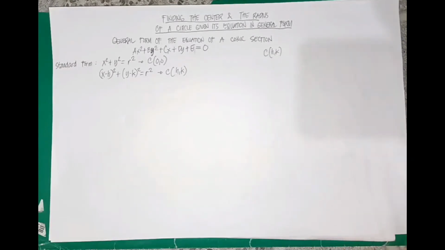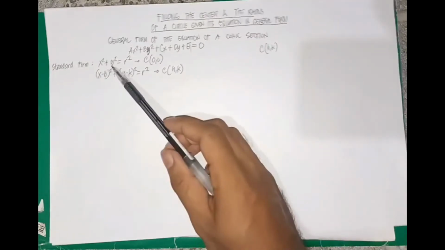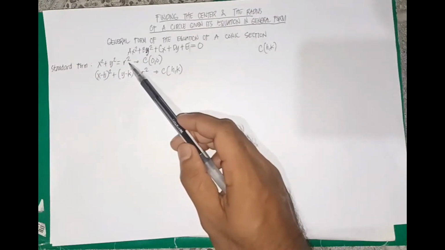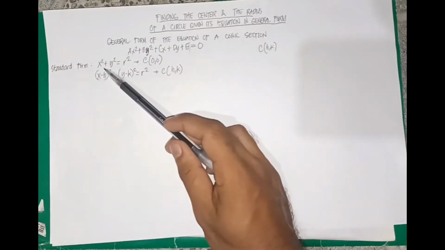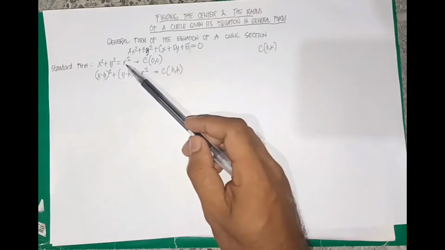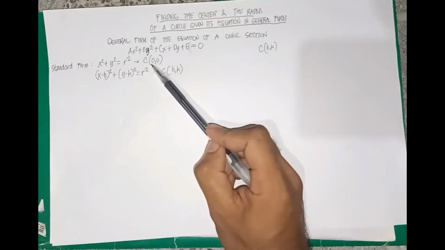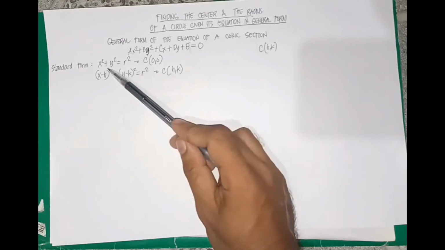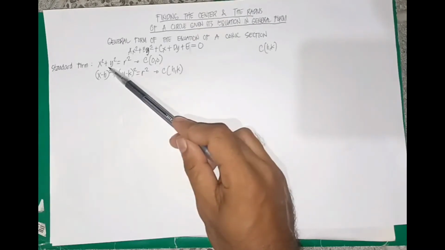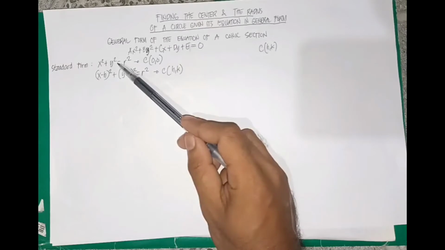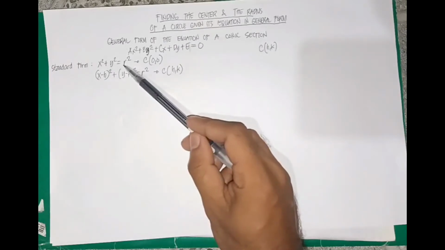We have here the standard form of the equation of a circle, x squared plus y squared equals r squared. As we can see, the standard form is composed of its radius. The center here is at (0, 0) because we can't find h and k in this particular equation.